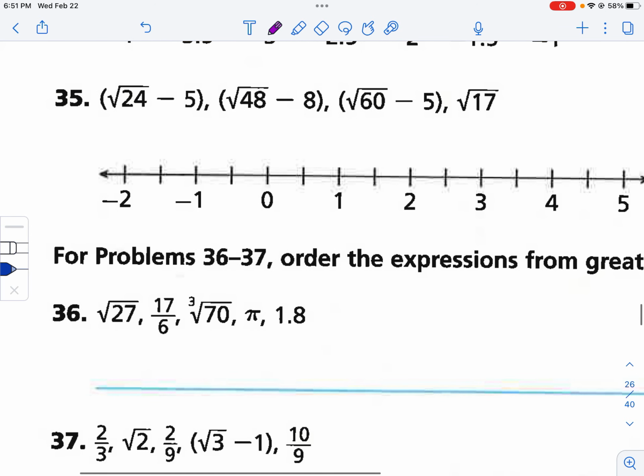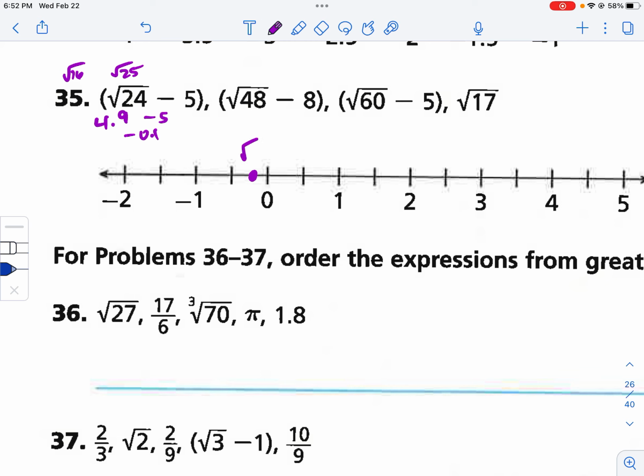Okay, the square root of 24 would be between the square root of 16 and the square root of 25. It's closer to the 25, so I'm going to say 4.9-ish. Minus 5, so negative 0.1.